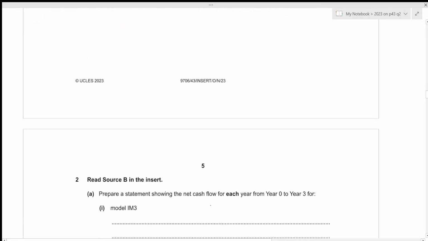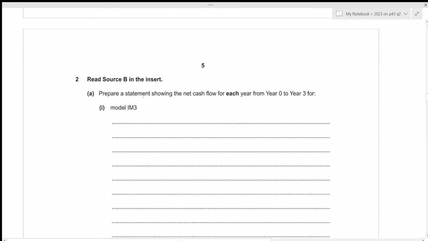Let's start with the first part. We now need to prepare a statement showing the net cash flow for each year from year 0 to 3 for model IM3. So that's our first option. So we have 0, 1, 2, 3. Okay, wait. Let's include 2 rows for our headings. The first thing that we can consider is the initial outlay.